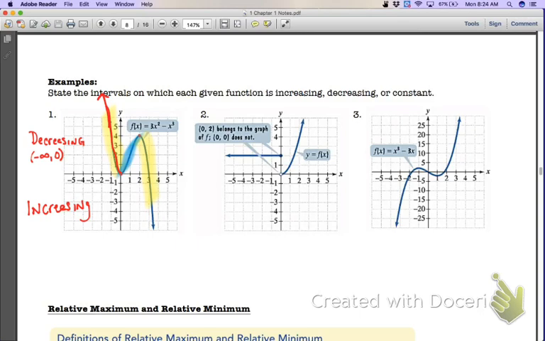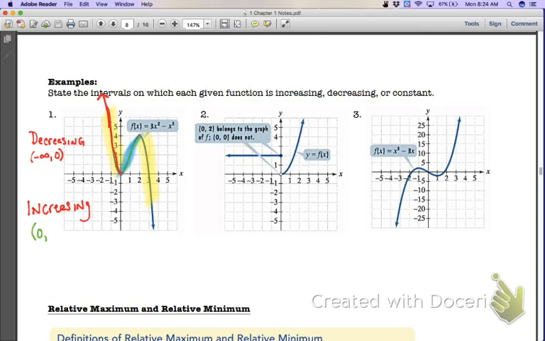So then, if we just continue to roll back through the graph, in the blue section, what are we doing? We're increasing, right? So what are my x values where it's increasing? From 0 to where? To 2, right?